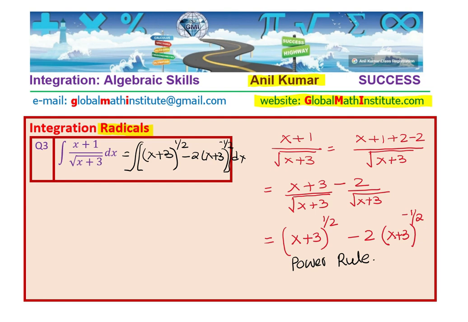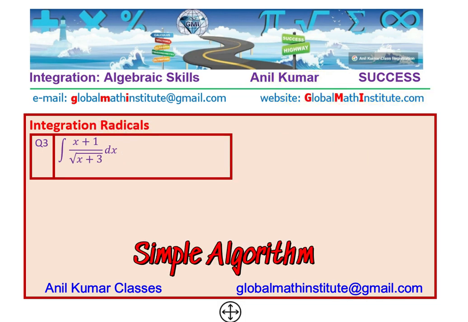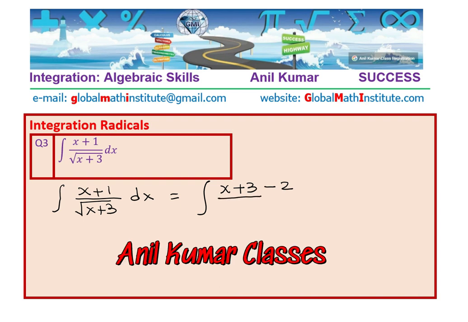Makes sense, right? And then we can integrate. You can now pause the video and answer this particular question. So let's take this on a fresh page. What we have now understood is that we can rewrite the integral of x plus 1 over the square root of x plus 3 dx as equal to, I'll show you another method here, x plus 3, but it was plus 1, so I have to do minus 2, over this radical, square root of x plus 3.